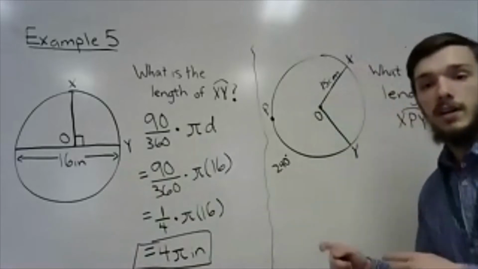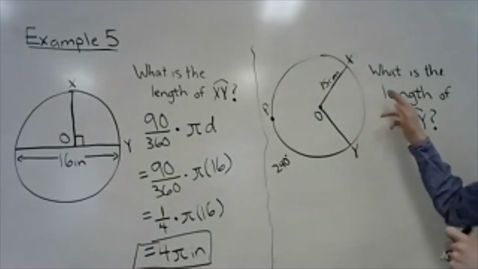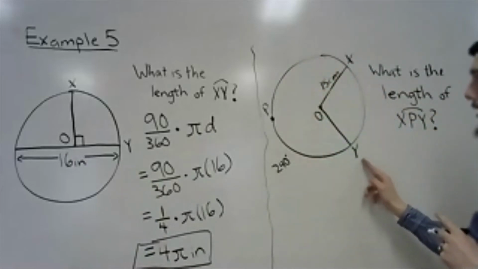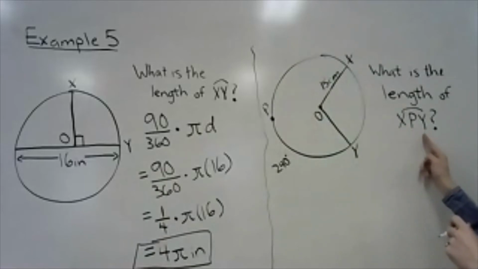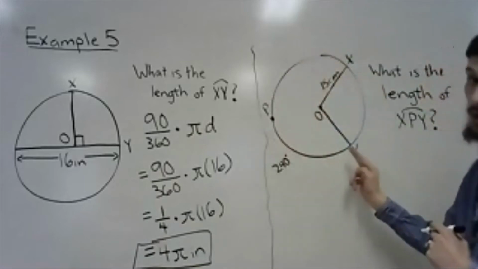Okay, so in our last example for today, we're asked, what is the length of arc XPY? We've got 3 points, so arc XPY is either a major arc or a semicircle. In this case, it's a major arc.